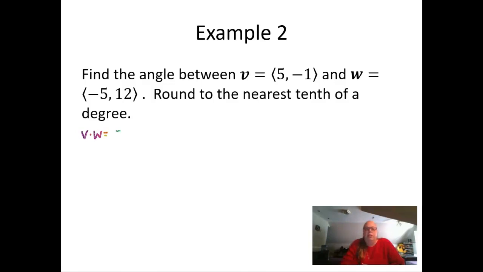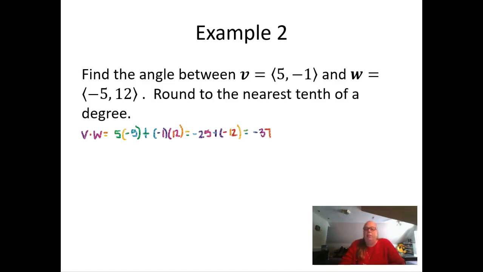This is going to be 5 times -5, using their first coordinates, plus -1 times 12, using the second coordinates. This gives me -25 plus -12, and when I add those together, that's going to give me -37.